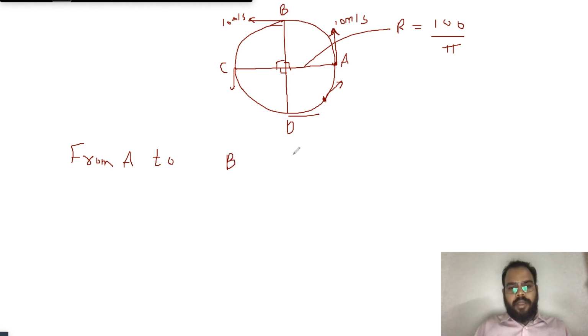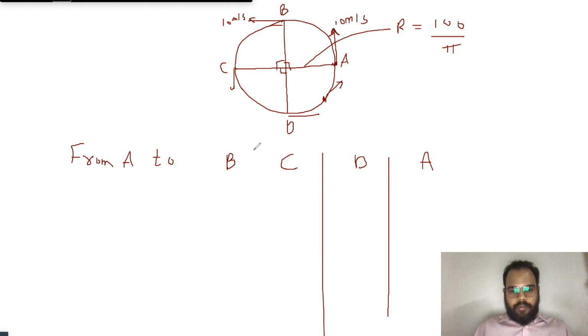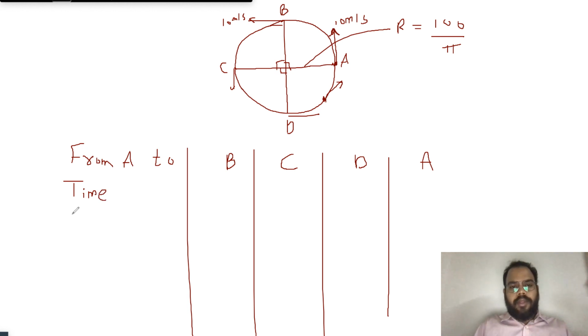So we'll find from A to B, then A to C, then A to D, and then last A to A. You have to find time, then distance, then displacement, average speed, and lastly average velocity.